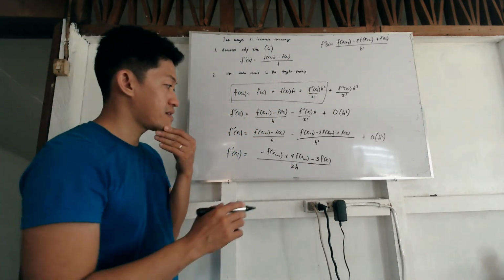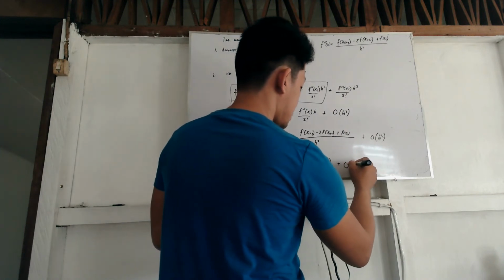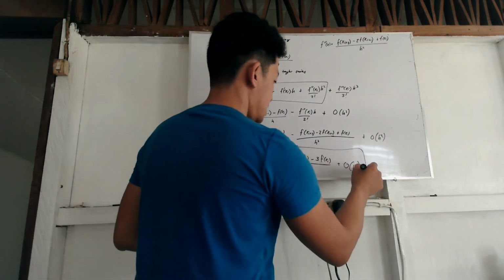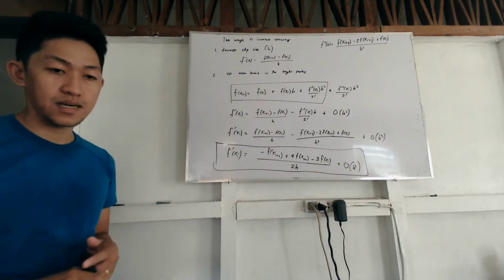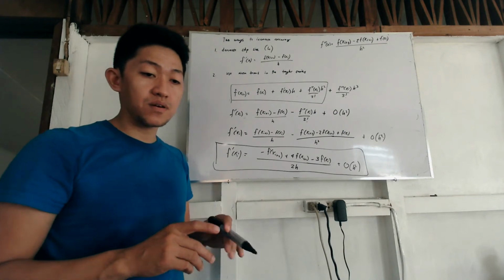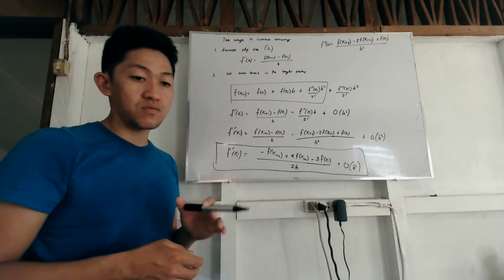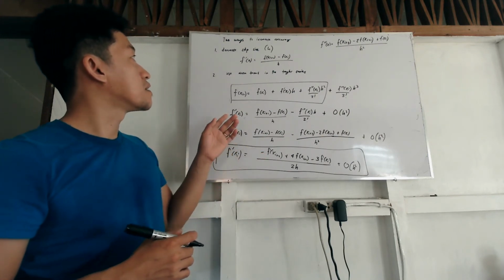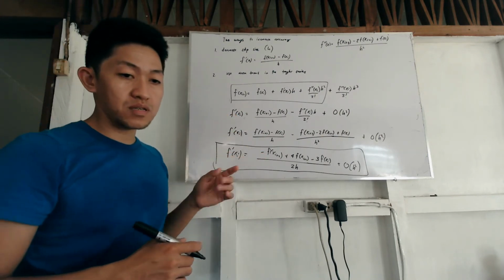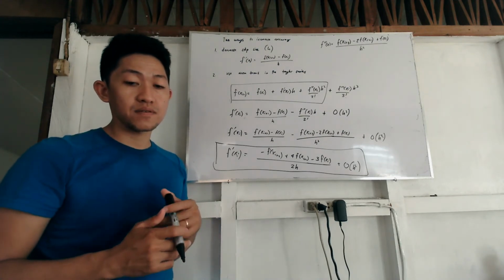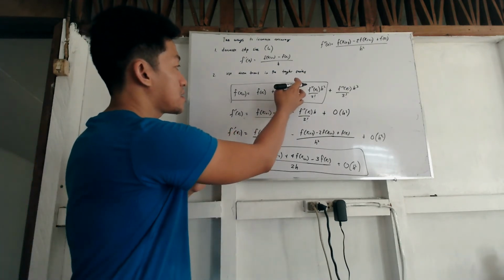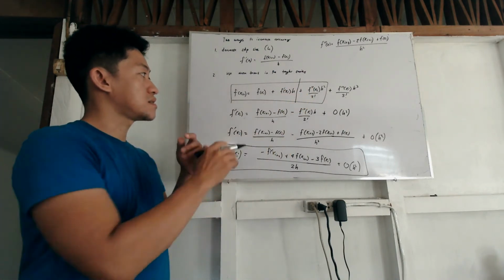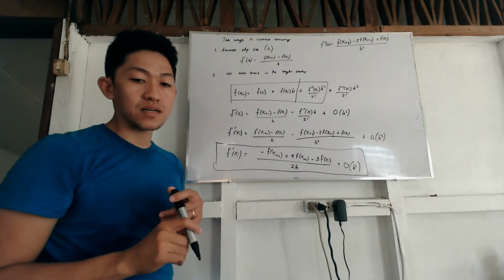And this is of second order accuracy. So it is expected that this equation will give much better results compared to the previous approximation for the first derivative using only the first two terms of the Taylor series.